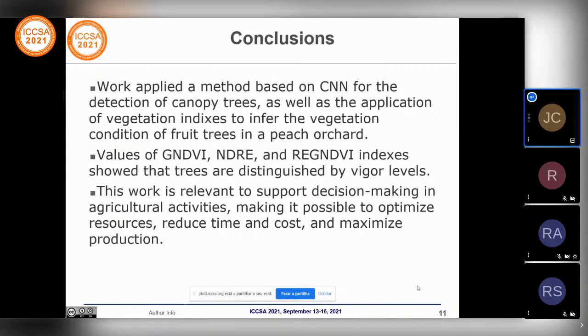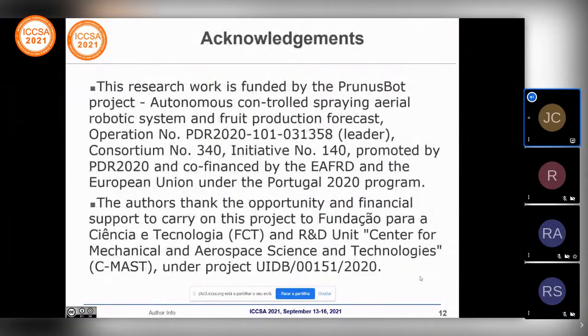The values of the GNDVI, the NDRE, and the RE-GNDVI indexes showed that trees are distinguished by vigor levels. This work is relevant to support decision-making in agricultural activities, making it possible to optimize resources, reduce time and cost, and maximize production.